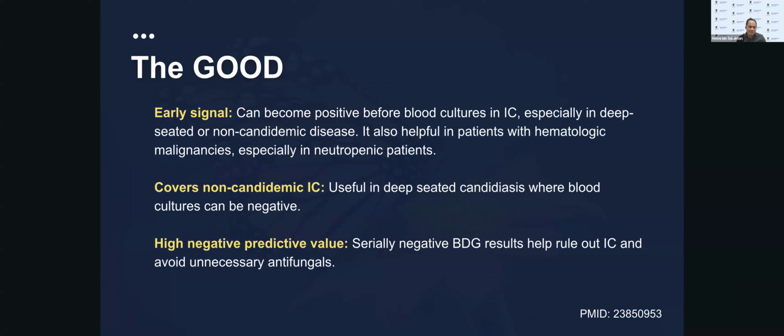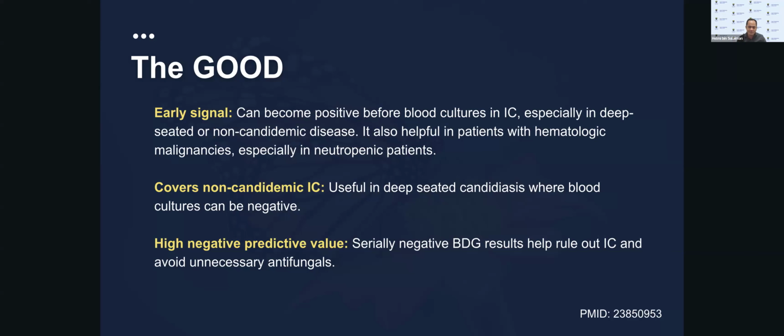It can provide an early signal for IC, where it can become positive before the blood culture is positive, especially in patients with deep-seated candidiasis or non-candidemic disease. For example, the patient can have liver abscesses due to Candida from neutropenia, but may not have candidemia or have only transient fungemia, causing the blood culture to be negative.